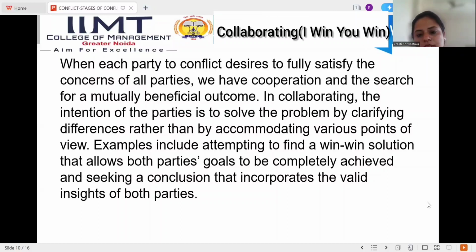Examples include attempting to find a win-win solution that allows both parties' goals to be completely achieved, and seeking a conclusion that incorporates the varied insights of both parties.